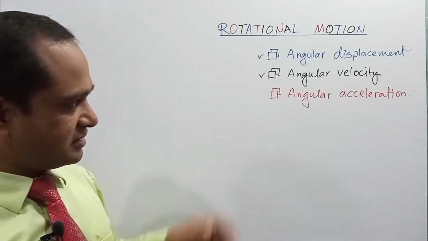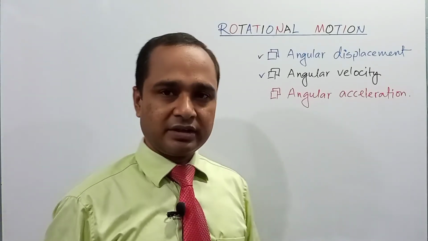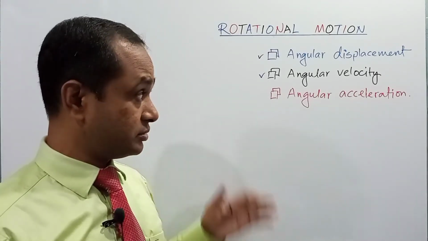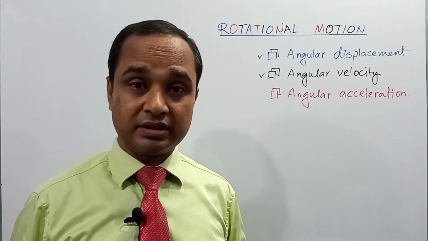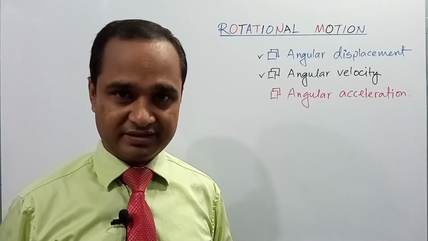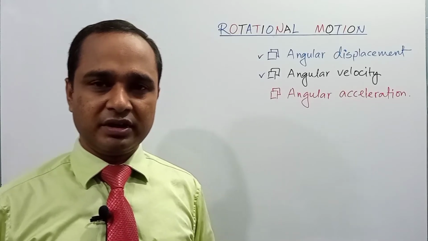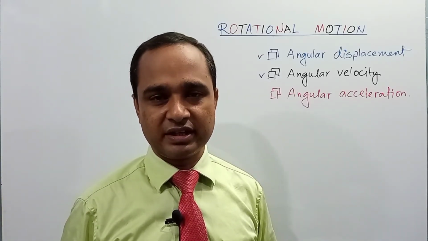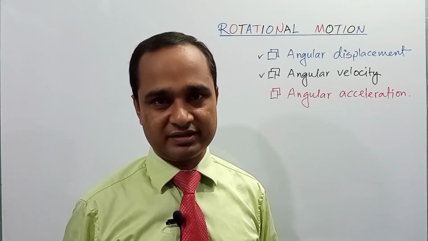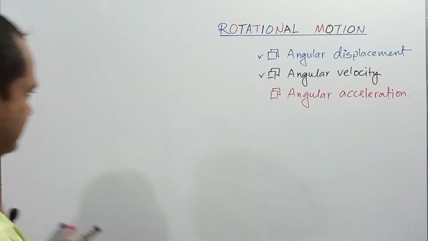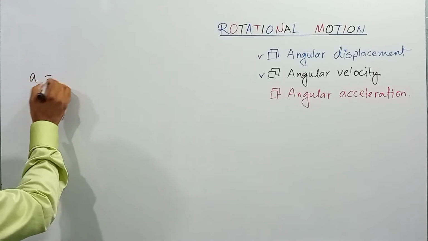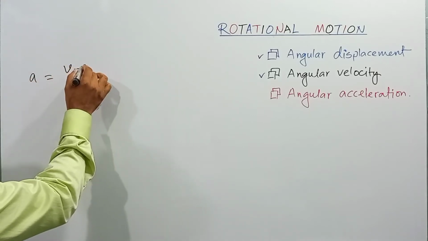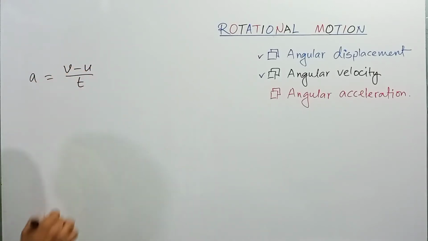So, before discussing angular acceleration, here I would like to remind you of the simple acceleration, or linear acceleration. You know, the rate of change of velocity is called acceleration, or linear acceleration. So, linear acceleration a can be expressed as v minus u divided by t.